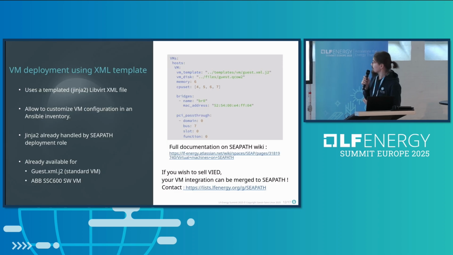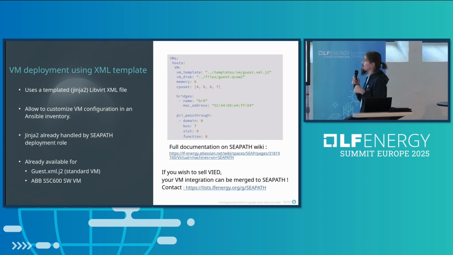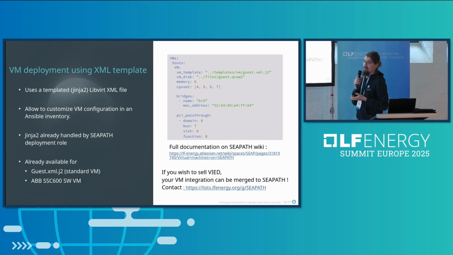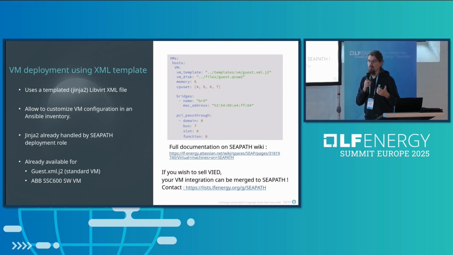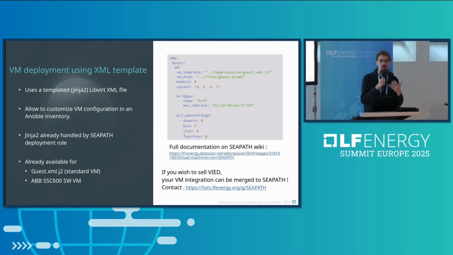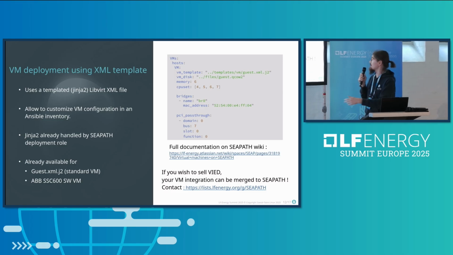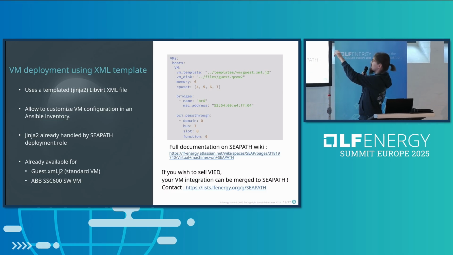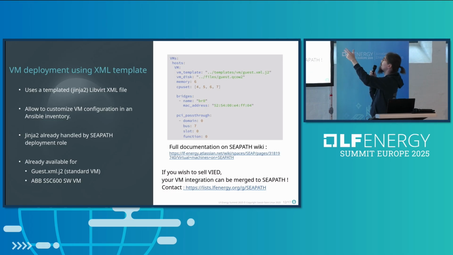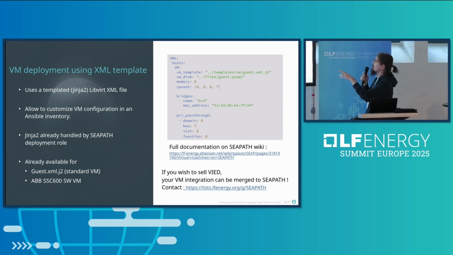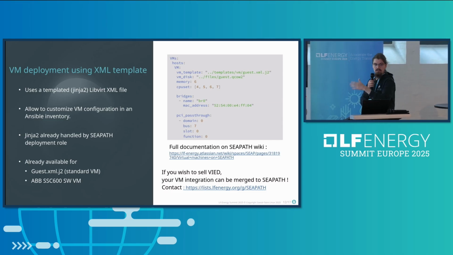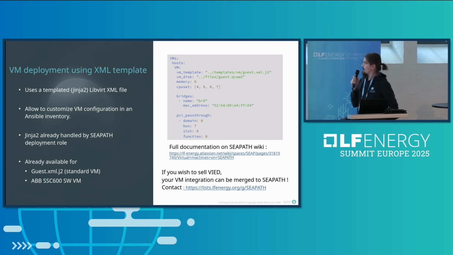If you want a more advanced usage, we have also provided templated libvirt XML files, which are the way to describe the hardware, the emulated hardware of your virtual machine. So this is also an example, I think the default example for the VM on CPaaS, with some more additional variables like 6 gigabytes of memory, using the CPU 4, 5, 6, 7 and so on.